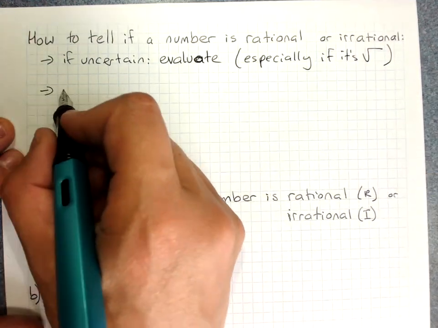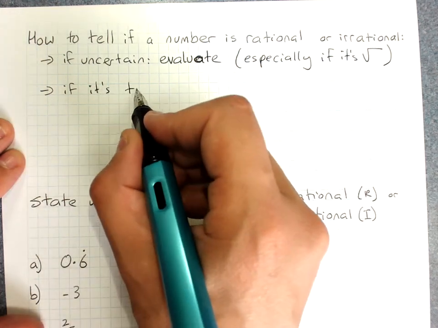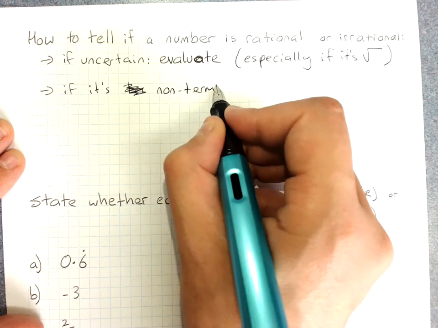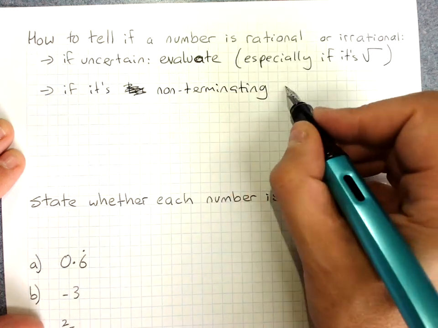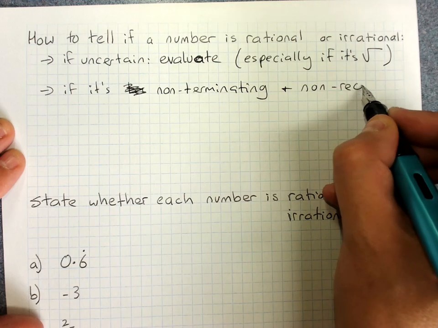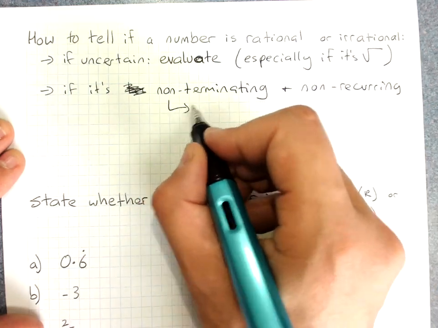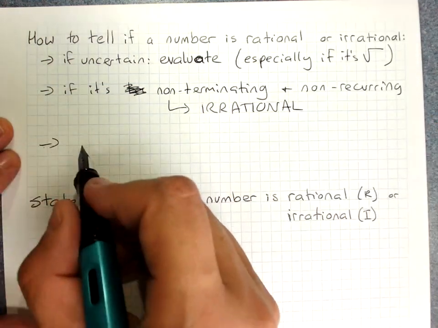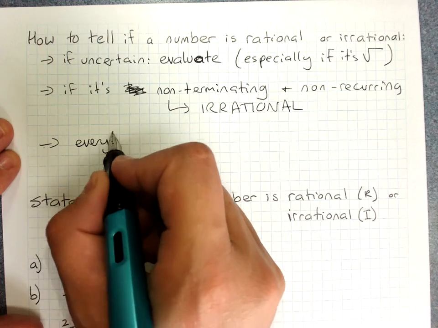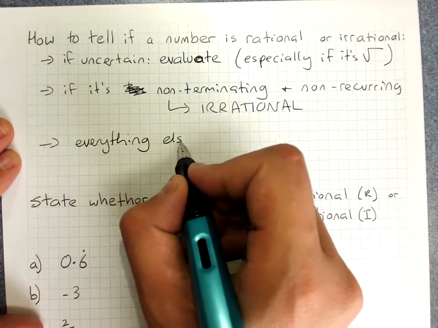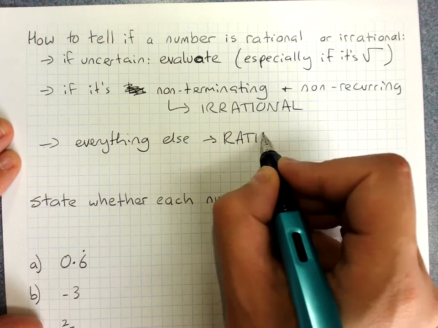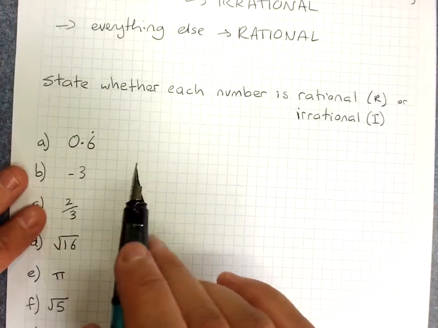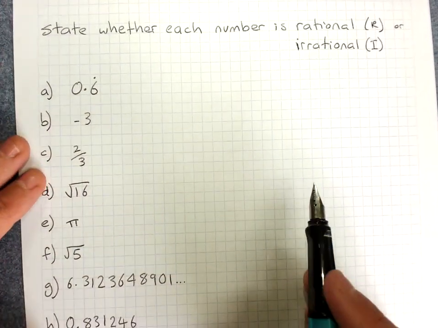Then, if it's non-terminating and non-recurring, it's irrational. Everything else is rational. And if you want to prove it, you can write it as a fraction of whole numbers.